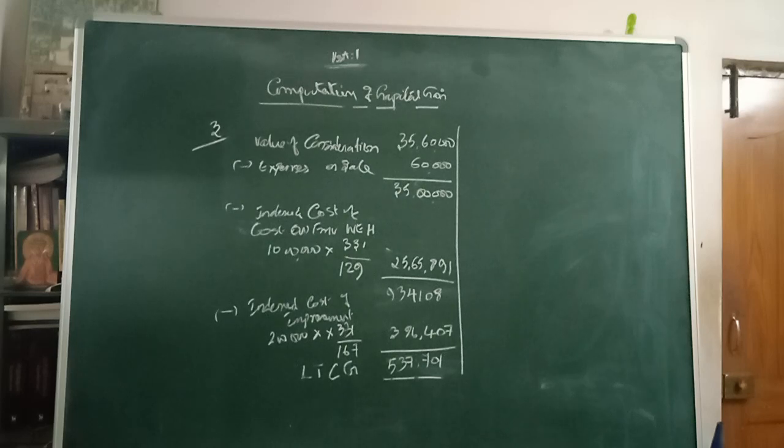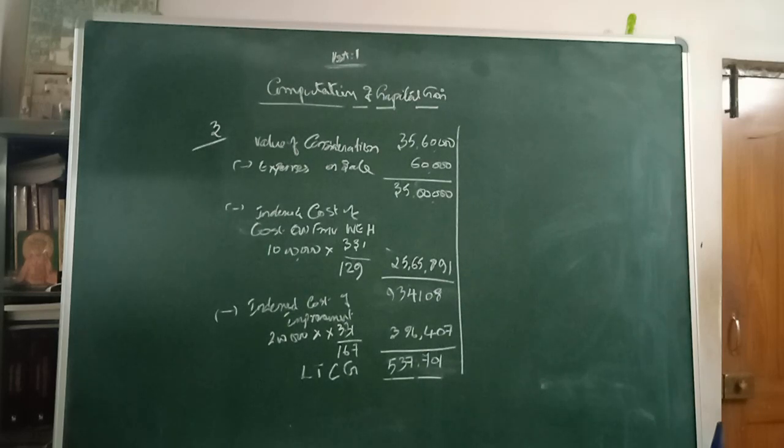Cost of improvement should be considered only if it was made after 2000. Prior to that, it is immaterial and should not be considered. And point 2, the index point should be applied only if it is a long term property. In this case, it is evident that it is a long term property.